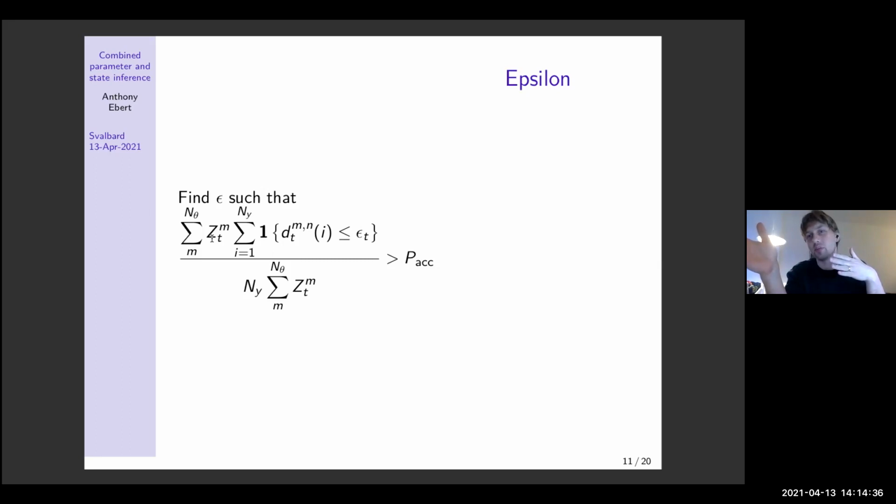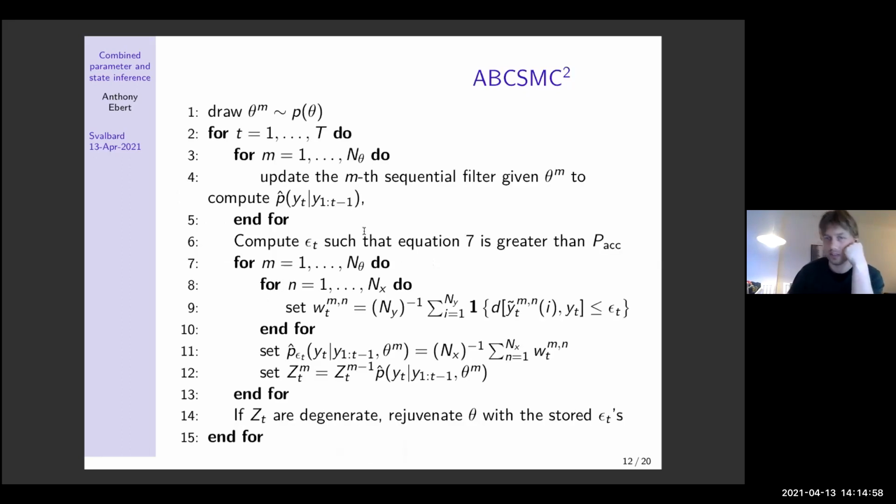Because that'll mean that you're looking at a lot of parameters that don't have a high weight, and so you've got to weight the distance, right, and so okay, that's fine, right?